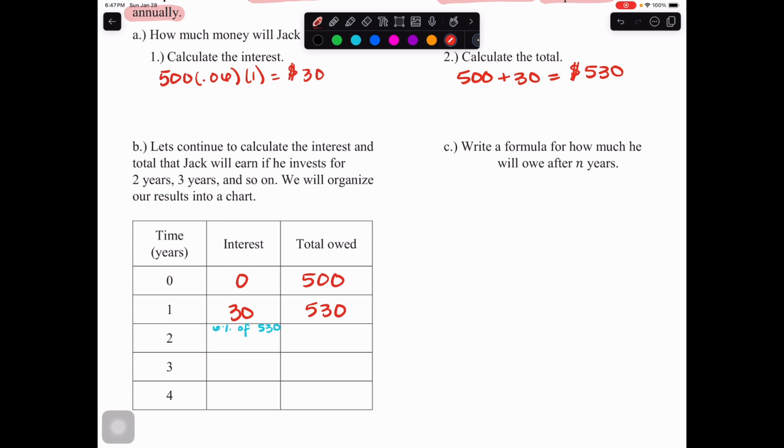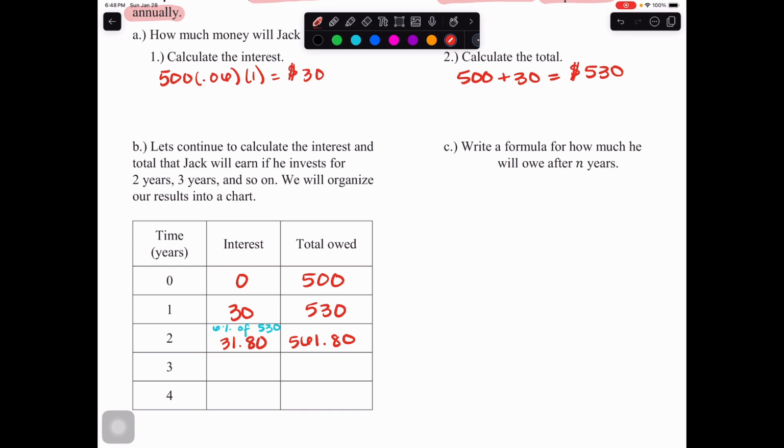I'm doing 0.06 instead of 6%. Remember, 0.06 times 530, and I get $31.80. So you can see it is not the same amount as I got the year before. I will then add the $31.80 to 530 to get $561.80.